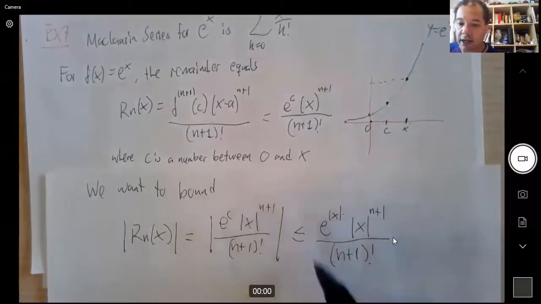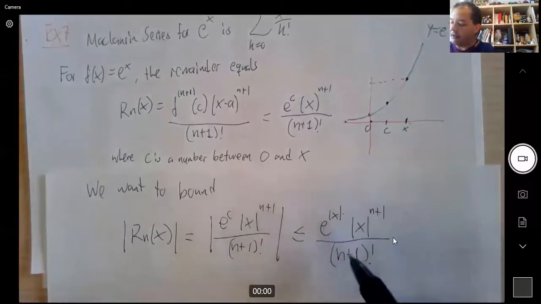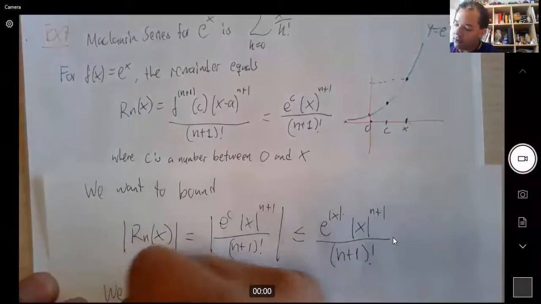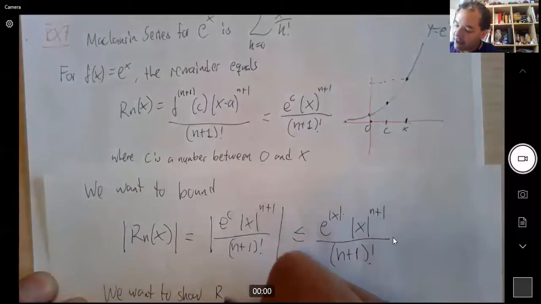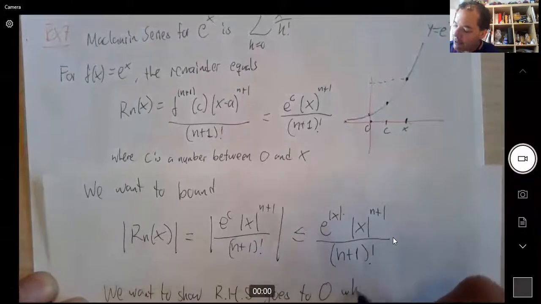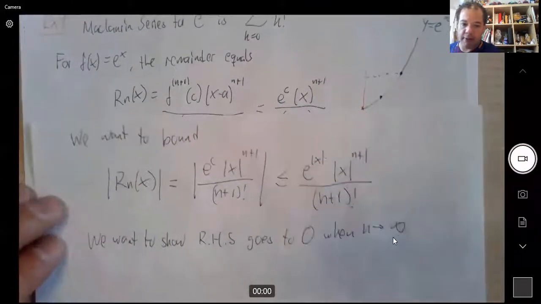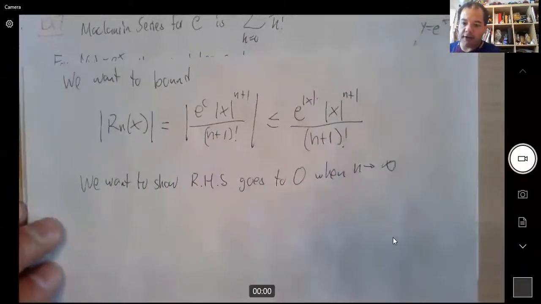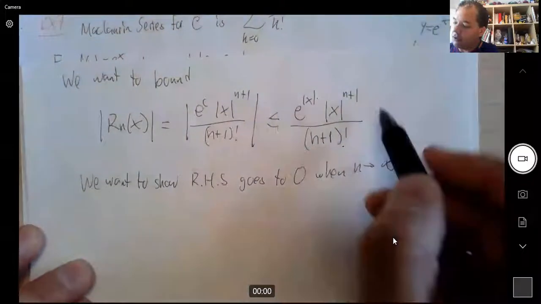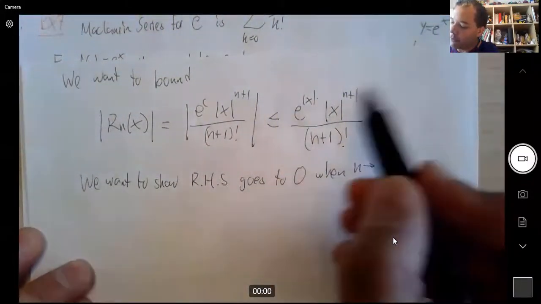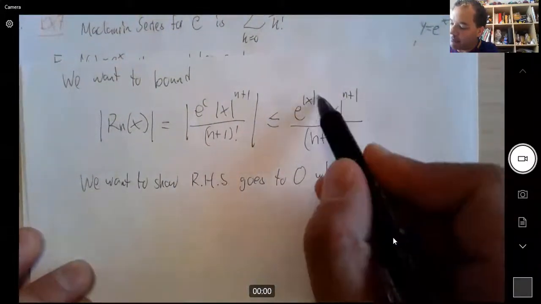All right? And I'm going to show it indirectly. So we want to show the right-hand side goes to 0 when n goes to infinity, if we pick really, really big numbers. And why is that? Well, remember, we want to take the limit when n goes to infinity. So forget about the x, right? This part we don't care about.